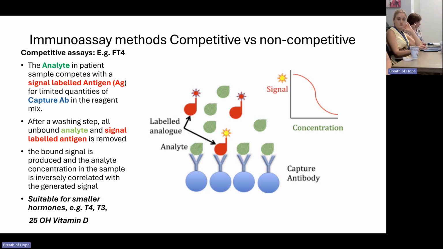After a washing step, all the unbound analyte and signal-labeled antigen is removed. The bound signal is produced and the analyte concentration in the sample is inversely correlated with the generated signal. So that's a competitive assay.